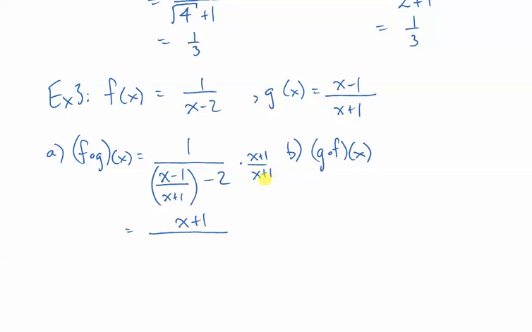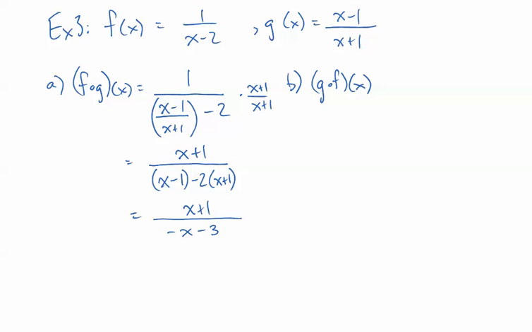When I multiply this x plus 1 onto the denominator, it will cancel on this term, leaving just the x minus 1 numerator, and then I have to multiply the 2 by that value as well. Simplify, getting x plus 1, and then I have denominator of x minus 2x, so negative x, and negative 1 minus 2, or negative 3.